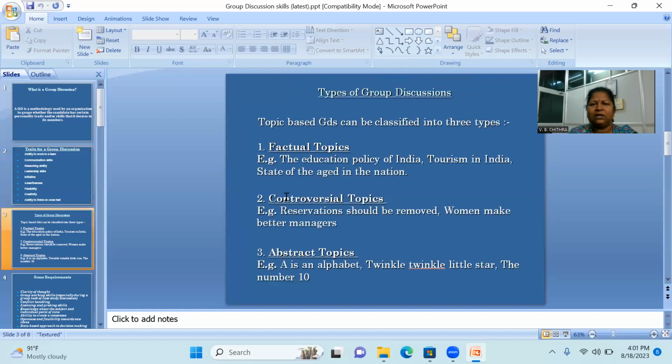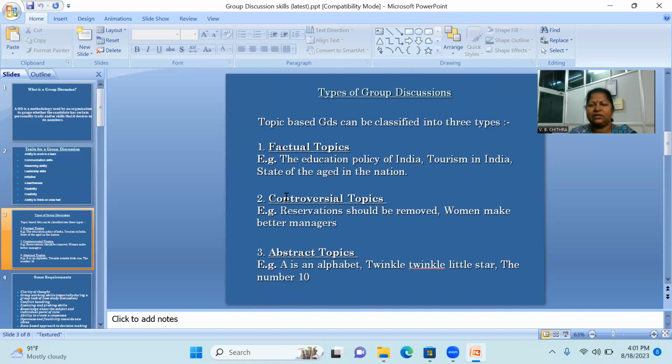Now look at the types of group discussions conducted by various organizations. These group discussions sometimes can be based on topics, and these are classified into three categories. One is the factual topics, for example, the education policy of India, etc. Because here we need to talk about the facts.